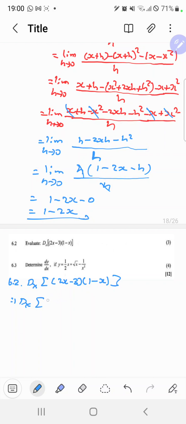So this is going to be minus 2x squared, and then plus 2x plus 3x, which is going to be plus 5x. And then we're going to have minus 3 times 1, which is going to give us a minus 3.